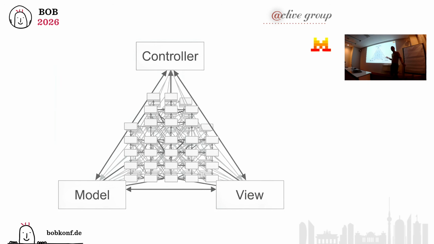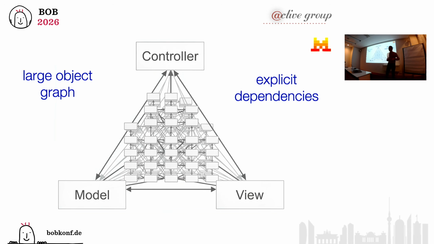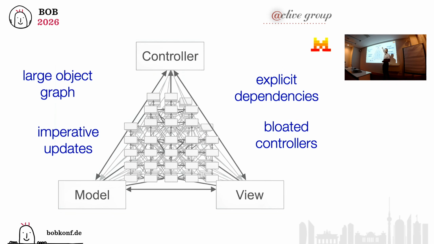And I think that pretty much captures this. You have this large object graph and lots of explicit dependencies which you have to match. And there are imperative updates happening through all of this. And because this is too complex, at least on Apple platforms, what people do is stuff everything into the controller, and then you get some untestable big mega objects.